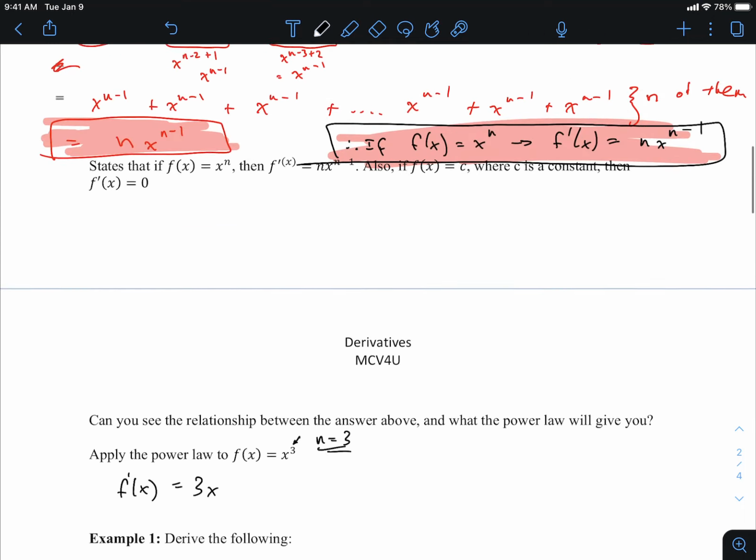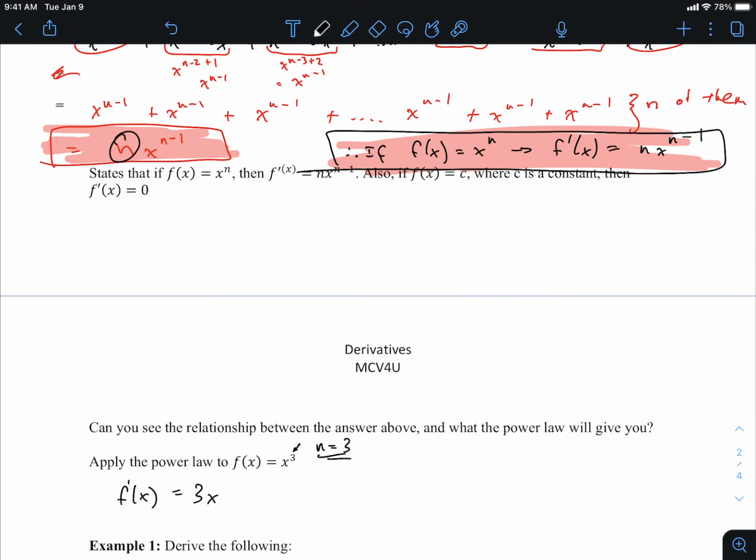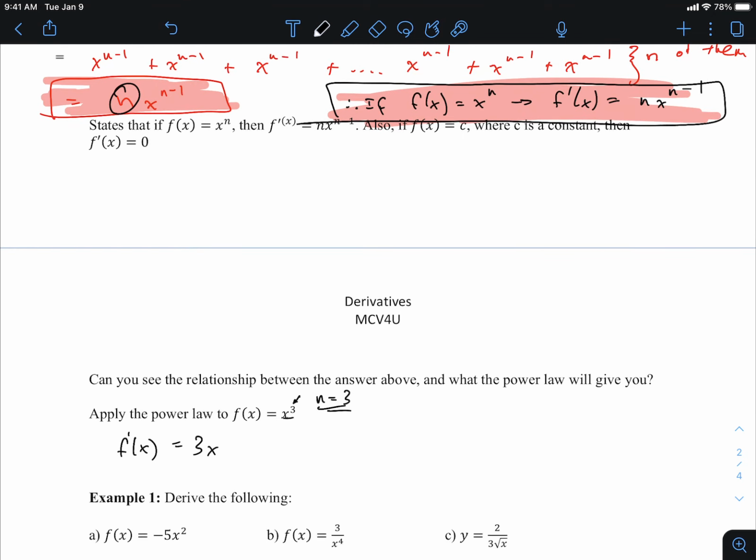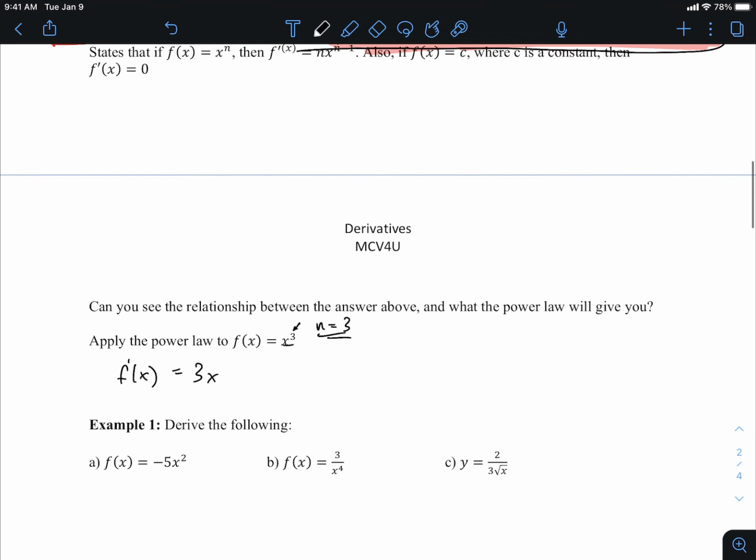So what's it tell us to do? Well, it tells us to take n, multiply by the function, and then take n minus 1 in the exponent. So the 3 came down out front, and so we got a 3x. But when you do that, you have to do 3 minus 1, which gives us the 2. That's how we get to there.